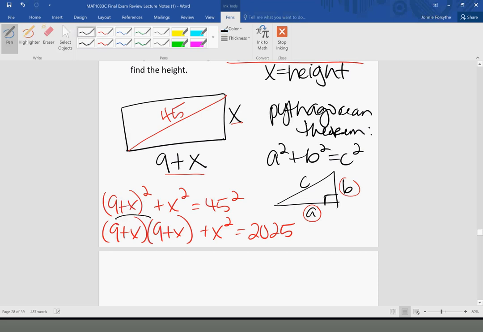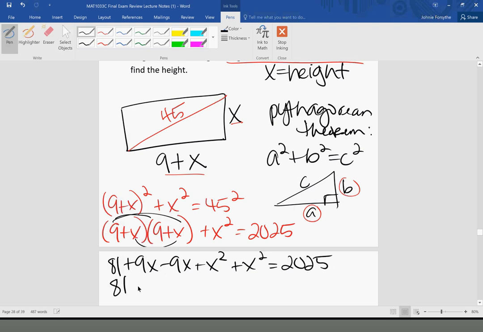So I'm going to have 9 times 9 is 81 plus 9x plus 9x plus x squared plus this extra x squared equals 2025. So I have 81 plus 18x plus 2x squared equals 2025.